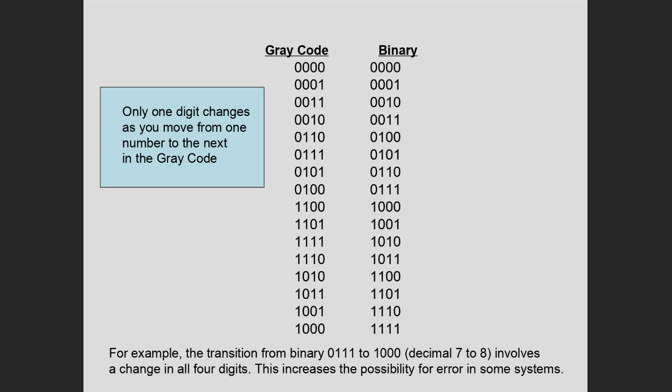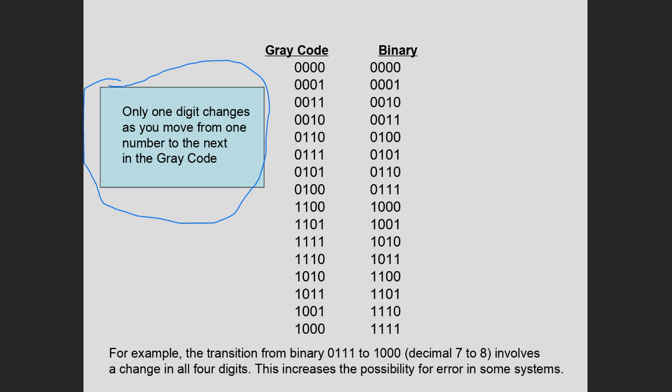So if you look at the column that says binary, and you look at gray code, and then you read the box I have right here, that's what's important. So right here it says only 1 digit changes as you move from one number to the next in gray code. So for example, let's look at binary.